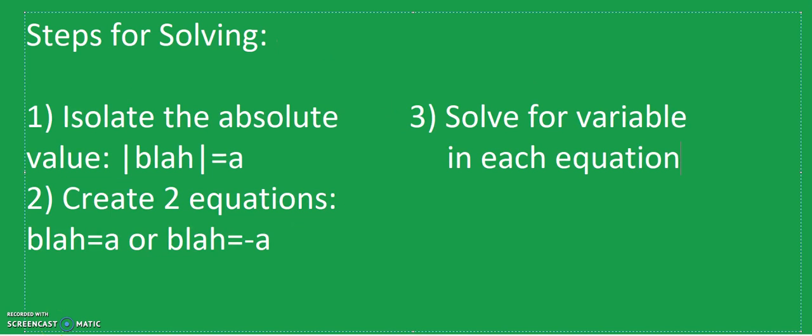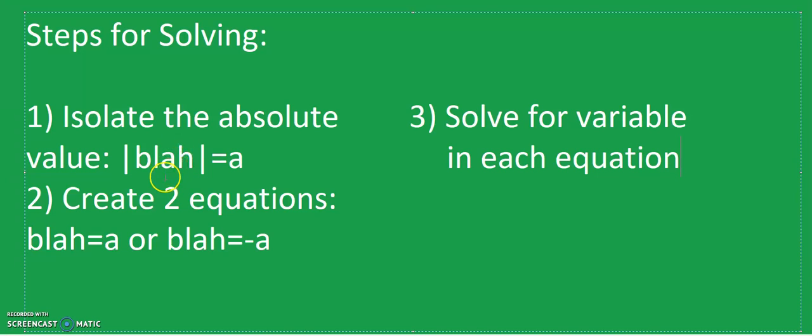Now, when you're solving an absolute value equation, there are some general steps that you want to take. The first step is to isolate the absolute value. What I mean by that is that I want to get the absolute value by itself on one side of the equation and just numbers on the other side. So here I have the absolute value of blah equals a. Blah can be anything, like x plus 2 or 17x minus 5.